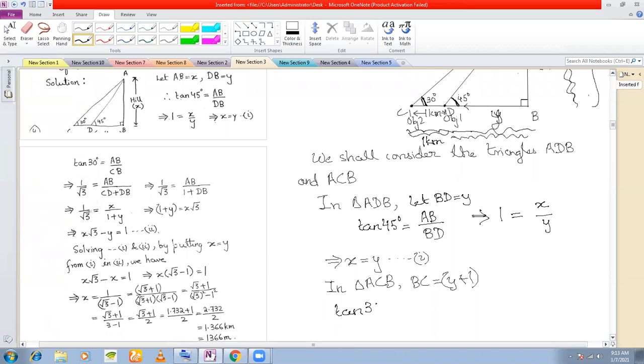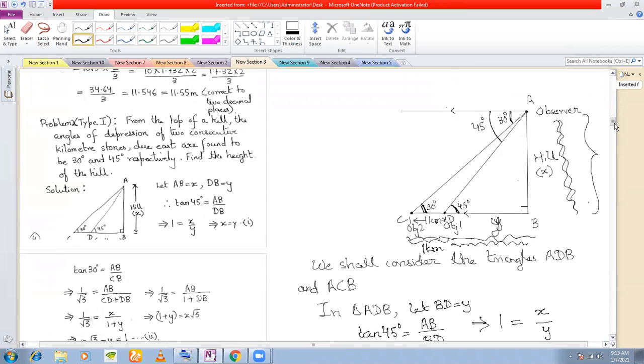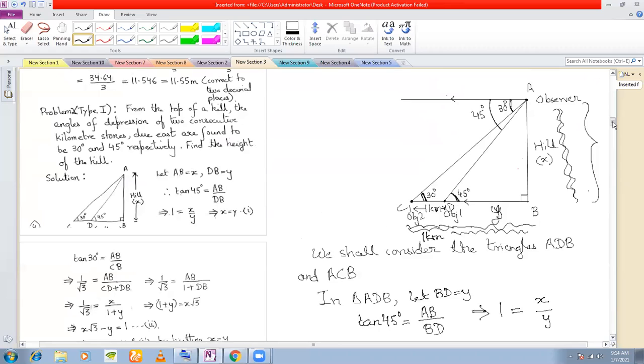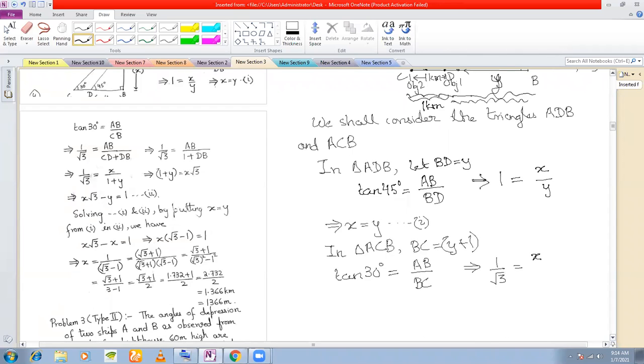So tan 30 degree is equal to AB by BC. And the value of tan 30 is 1 by root 3, equal to AB, the length of AB here is x, and the length of BC here is y plus 1.